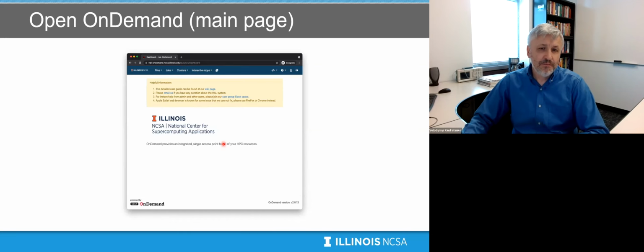So it looks like this. This web page, just like any other web page, gives you access to the files application, the jobs application, the clusters menu, which enables you to use the command line interface, and also the interactive applications, which enable you to have access to other applications.